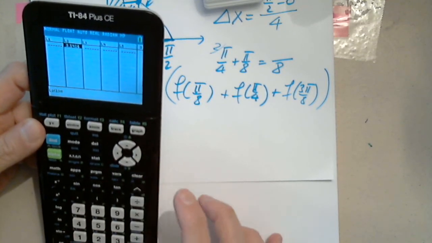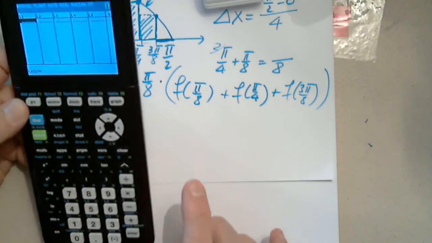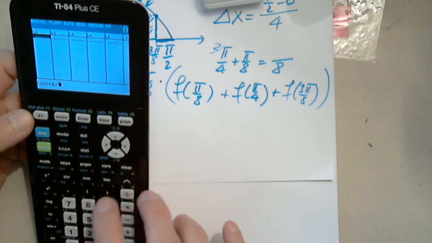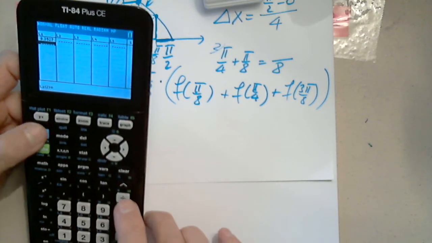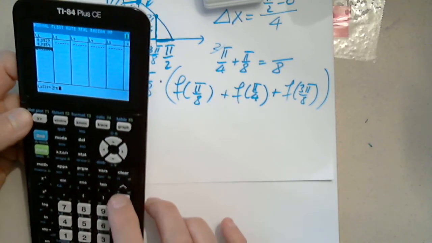Clear. So I want pi over 8. The next one is pi over 4. And the last one, 3 pi divided by 8.